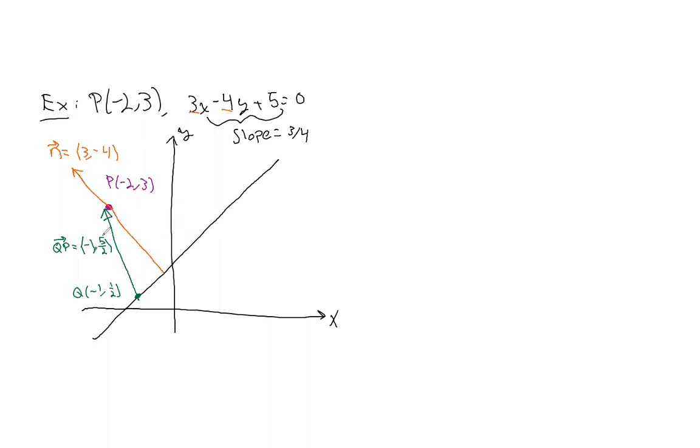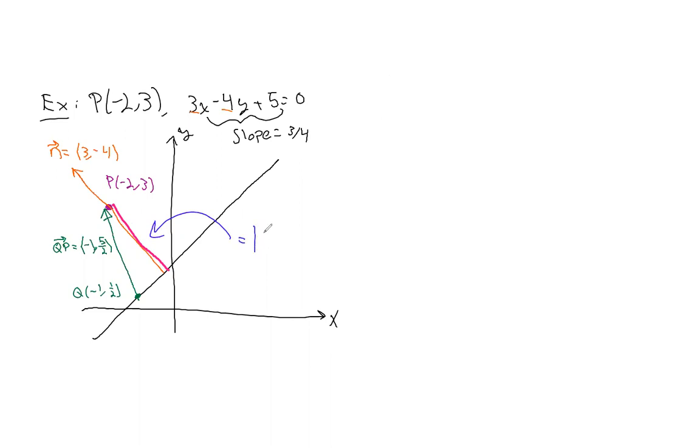That's (-1, 5/2). And what that really is giving us here is this distance that we're really interested in, this pink distance there.